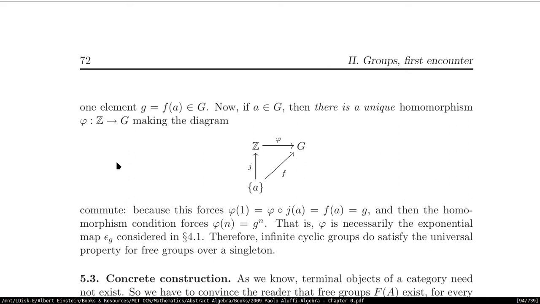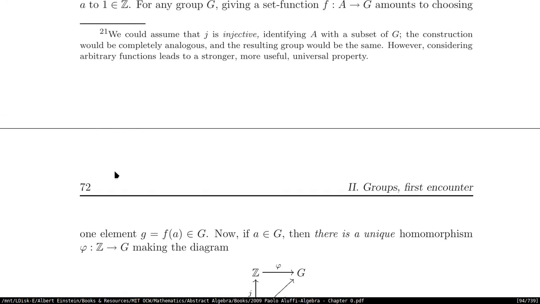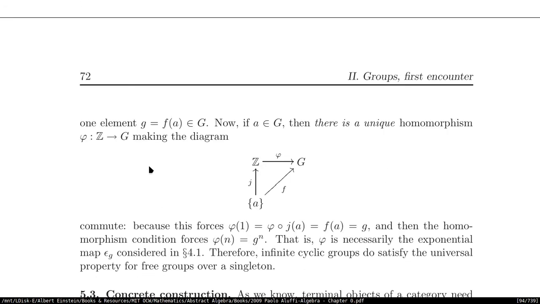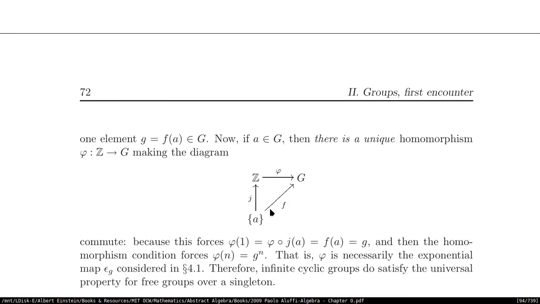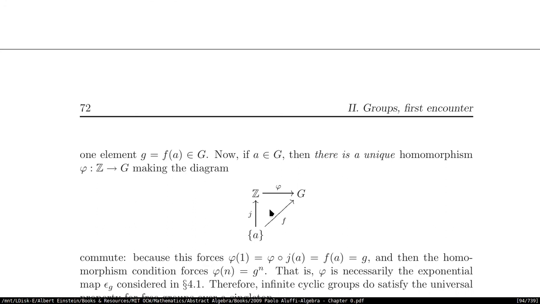Now if your singleton is in G, so if A is in G, then there is a unique homomorphism which takes you from the integers to G. Because phi of 1 is always going to give you phi of j of A, and j of A gives you the identity.